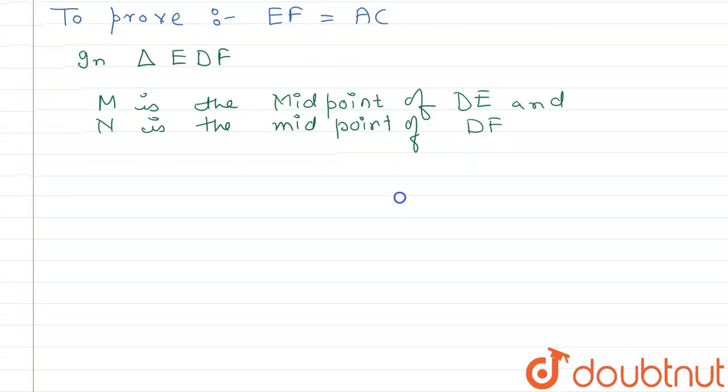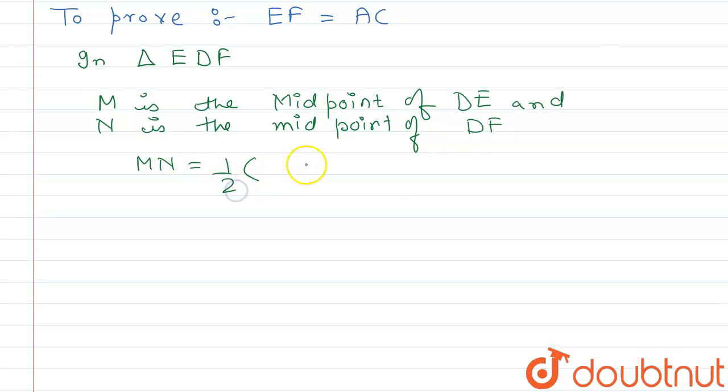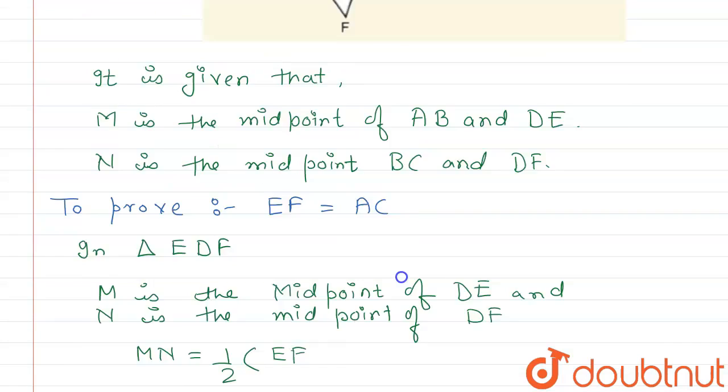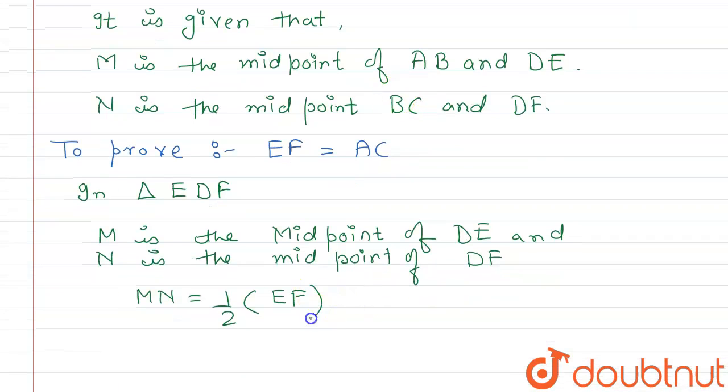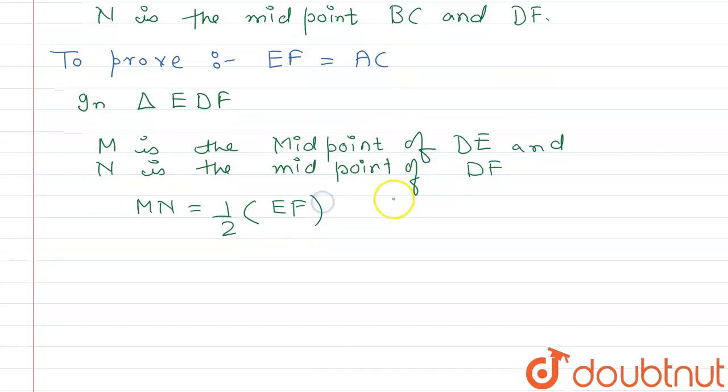MN is equal to half of EF by the midpoint theorem.